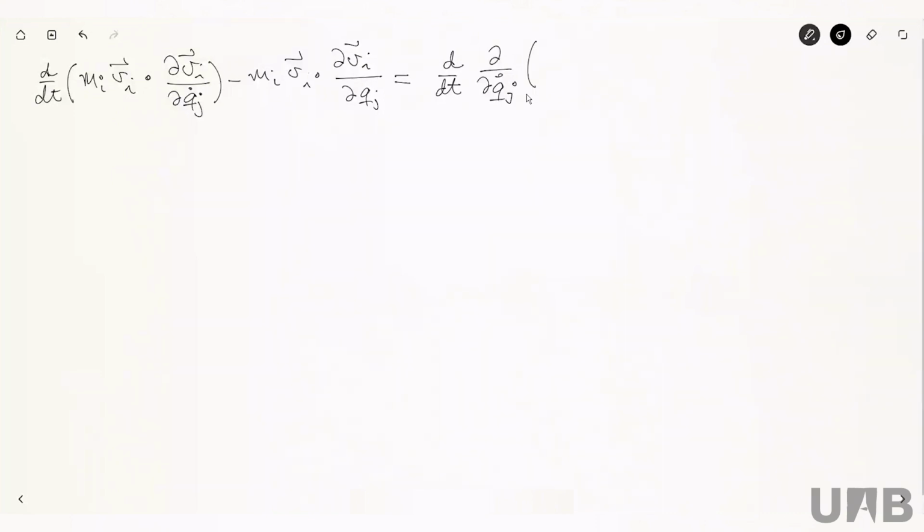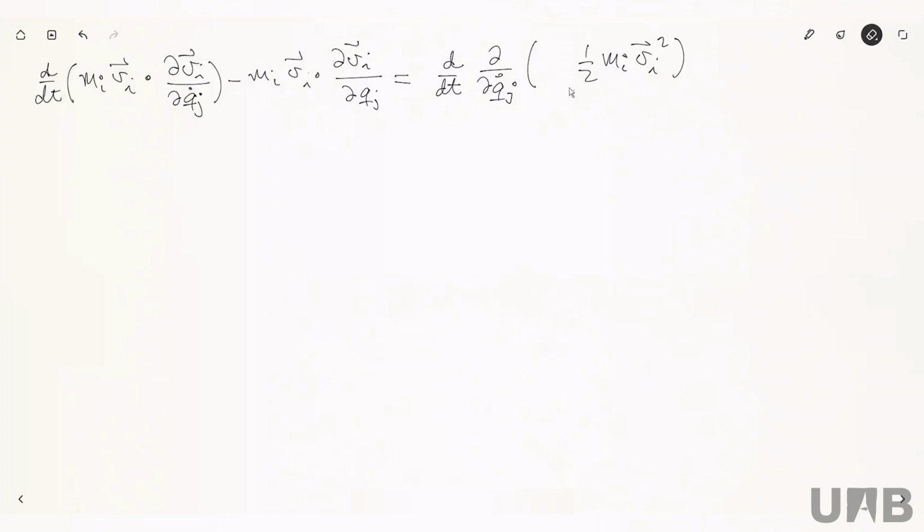And this something is going to be the sum from i equals 1 up to n of 1/2 m_i v_i squared. I forgot a sum here. Or if you wish, I'm going to do it the same way I was doing it, so let me just take out this sum. The sum is not there. It'll be there in a second, but it's not there yet.